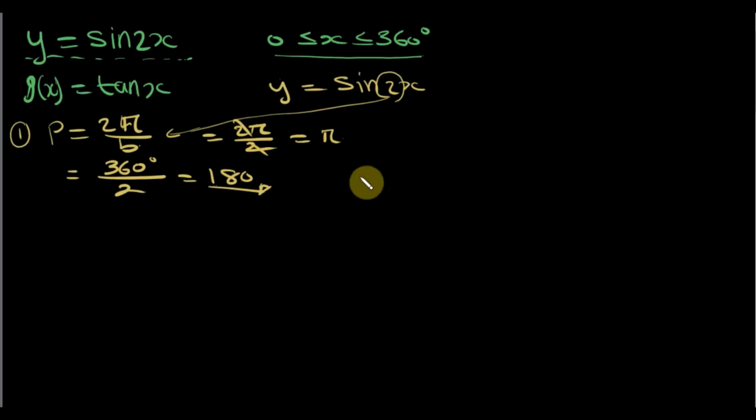Every pi, the graph will repeat itself. So this is the period in degrees.